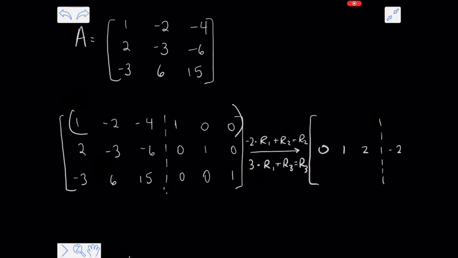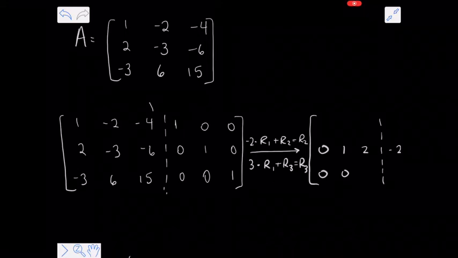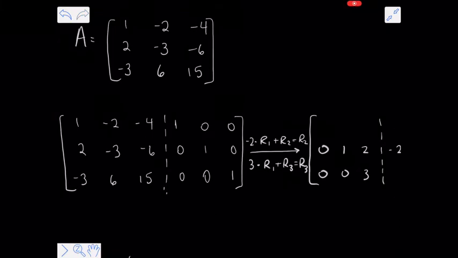So remember, I'm multiplying by 3 now, so this entry times 3 is 3, 3 plus -3 is 0. Now -2 times 3 is -6, and then -6 plus 6 is 0. And then 3 times -4 is -12, -12 plus 15 is 3.